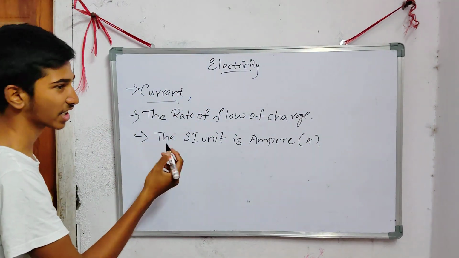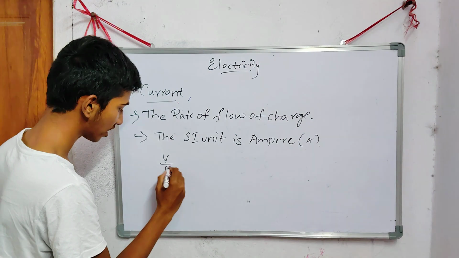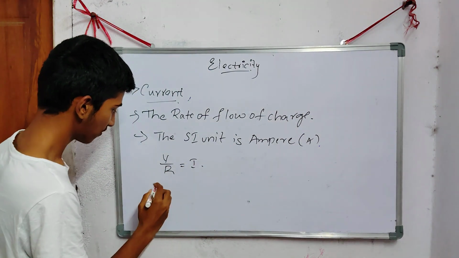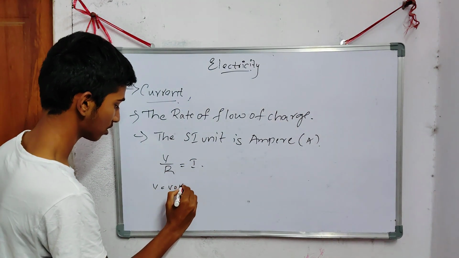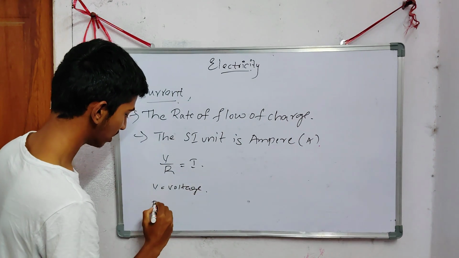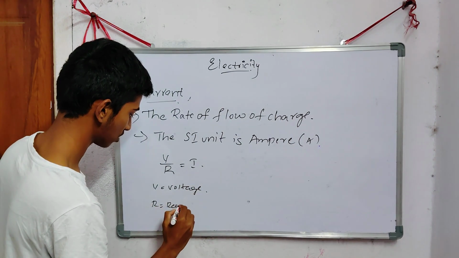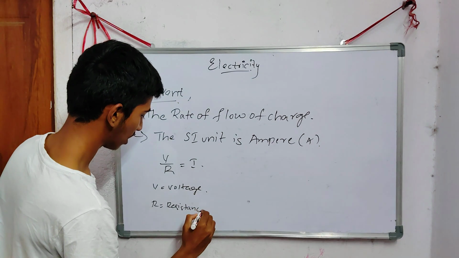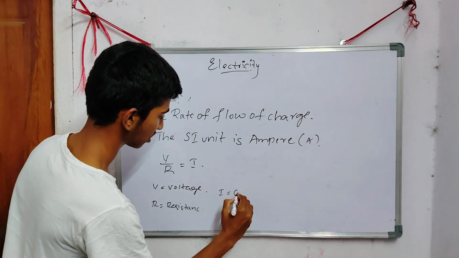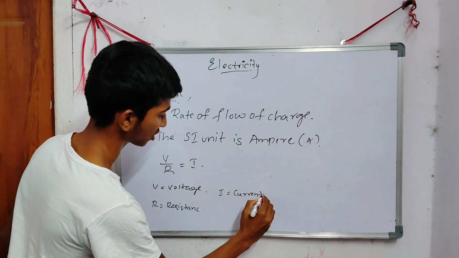The formula to measure current is V by R equals I. V denotes voltage, R denotes resistance, and I denotes current.